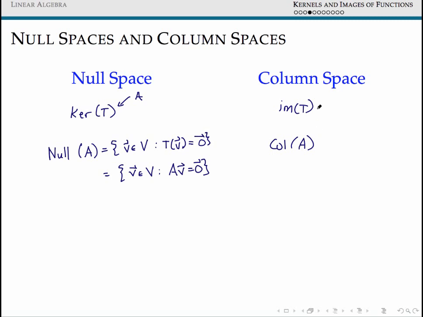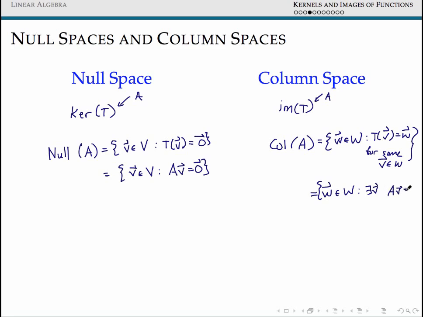For the column space, in the same way that for a matrix A we were able to construct the image by looking at all linear combinations of the columns, we say the column space of A is the set of all vectors w inside the codomain of our function so that T of v is equal to w for some v, or alternately, again putting this in terms of the matrices, this is the set of all w so that there exists a v so that Av is equal to w.